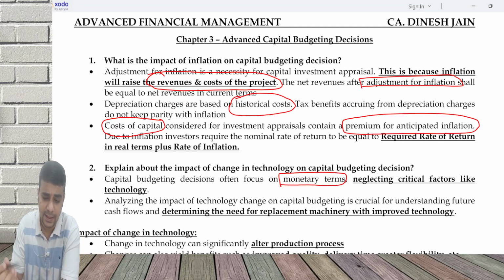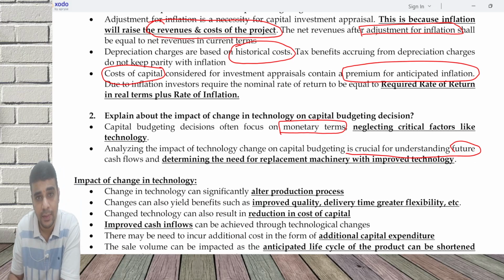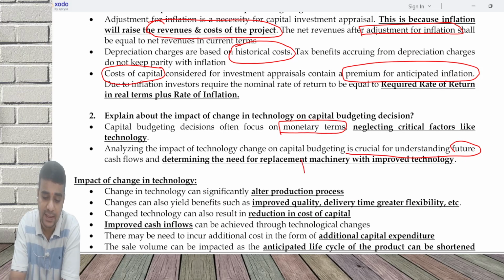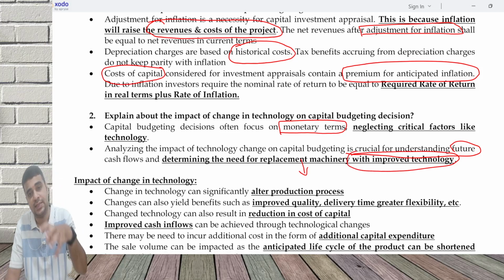So analyzing the impact is crucial for understanding future cash flow and also determining the need for replacing the machinery with improved technology. You can go ahead and change the existing machinery with an improved technology.